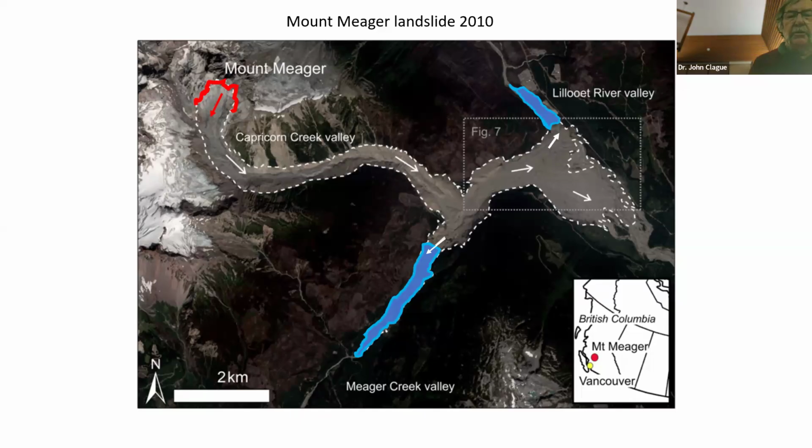And it dammed two lakes, one in Upper Meager Creek, which is shown by that blue pattern in the lower half of that image, and one just upstream of the debris lobe in the Little River Valley, which is shown by the other smaller pattern.